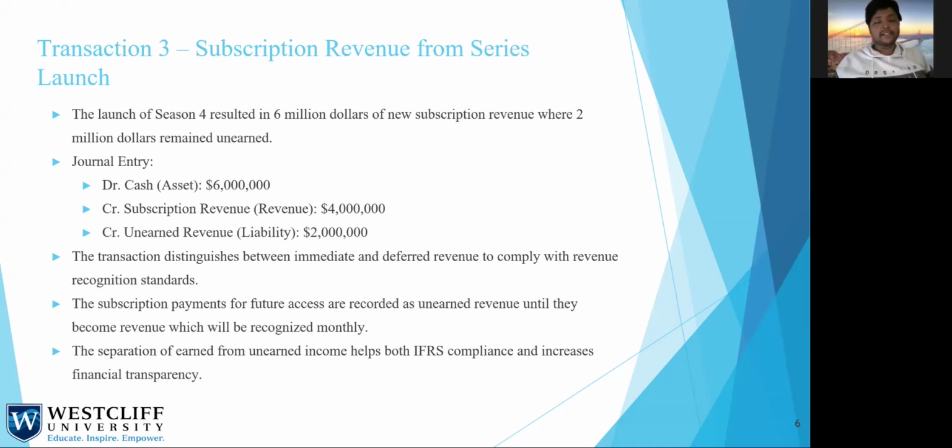And another entry will be unearned revenue, which is a kind of liability, credited at $2 million.